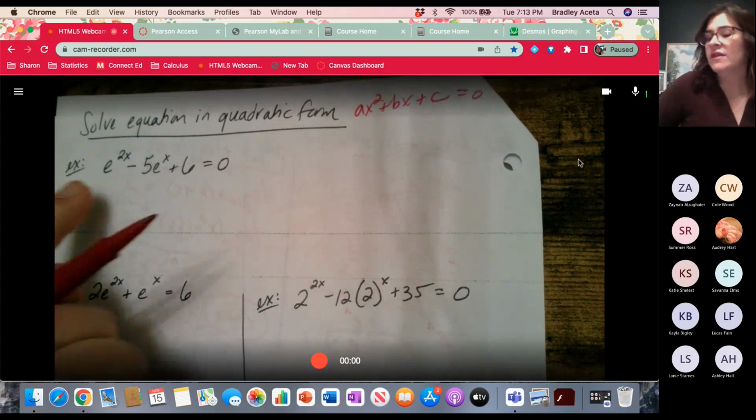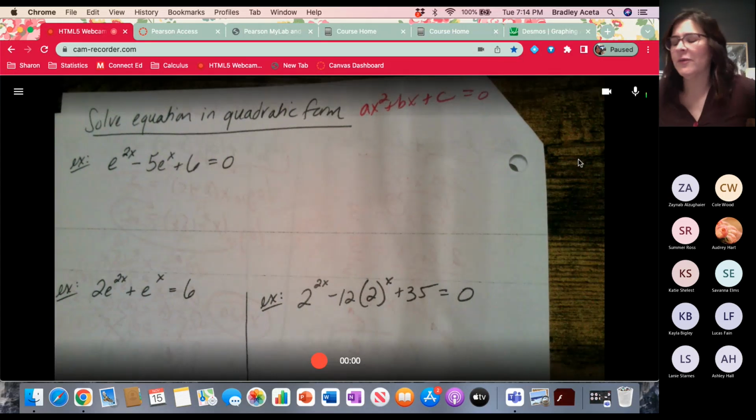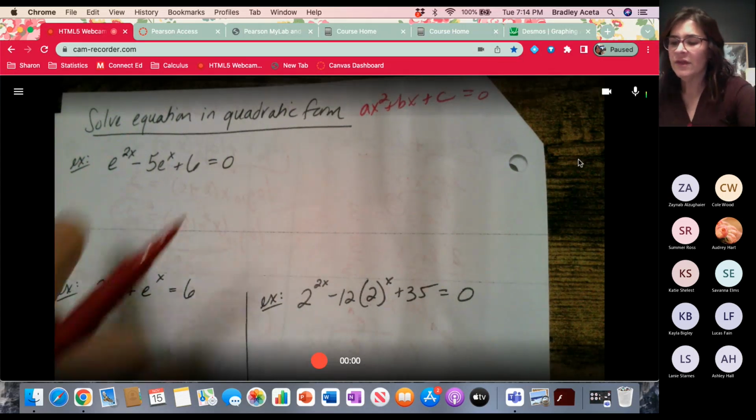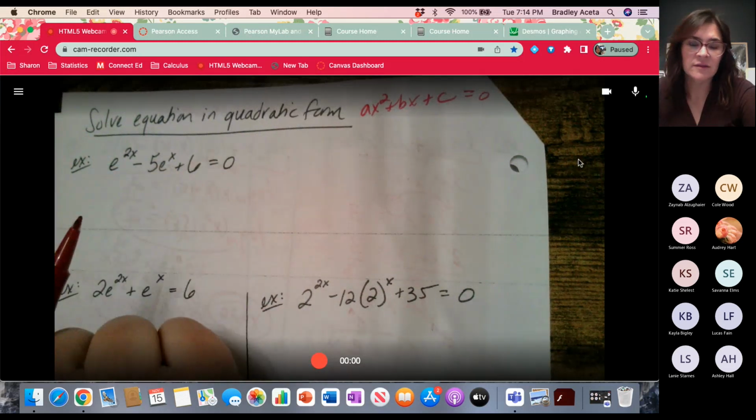Surprisingly enough, this is in quadratic form. Do you remember doing that u stuff last time? We're going to do that again here. So e to the 2x is actually the square of e to the x.